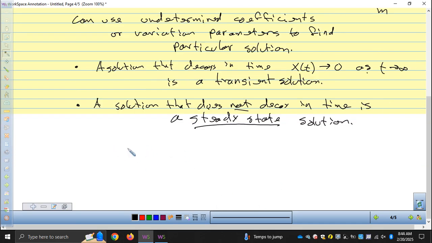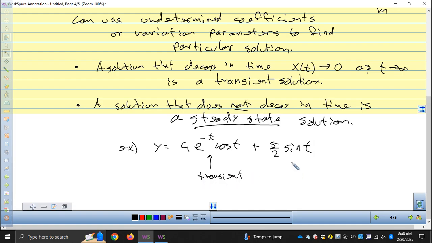So if we solved an equation and got C1 e to the minus t cosine t plus 5/2 sine t, this is our transient, and this is our steady state.